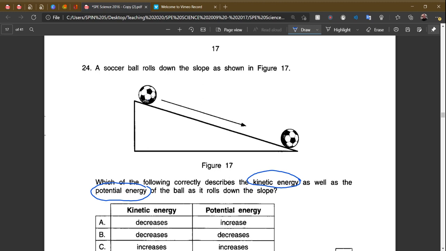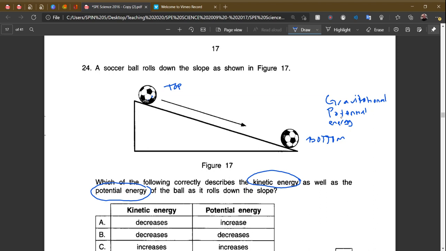In this case, you can see that the ball starts on top and it ends at the bottom. So it's talking about gravitational potential energy because the object is moving from a higher place to a low ground.